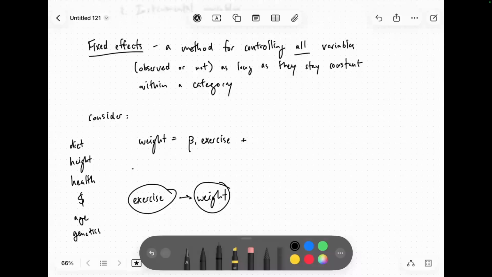Everything that you listed are factors related to the individual in question, so I'm going to call these individual factors.